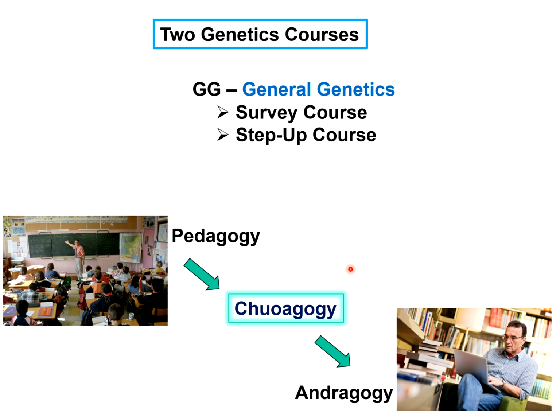It includes all the different modalities that might be applied, such as flipped classrooms or active learning or lecturing, etc. So general genetics is on the low end of this, and the next course will be more toward andragogy. People will be doing more of their own learning.